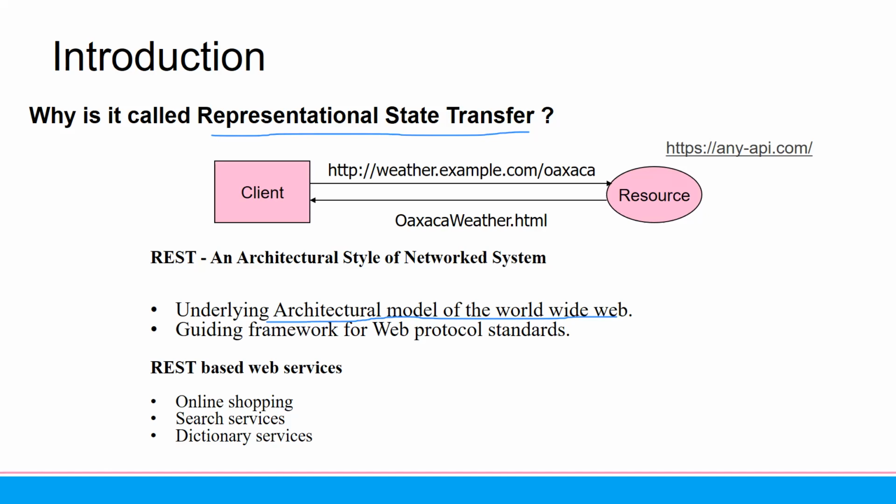It's now a web protocol standard, and there are many web services nowadays using these REST-based web services. For example, if you are doing online shopping, if you have one shop in Coupang or in G Market, they provide this kind of API for you as a supplier. Search services, dictionary services, they have this kind of API.